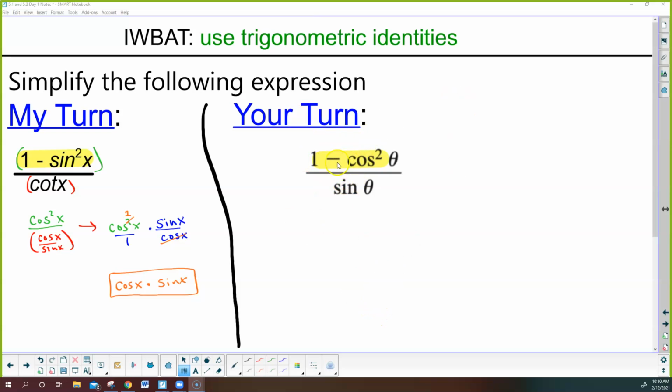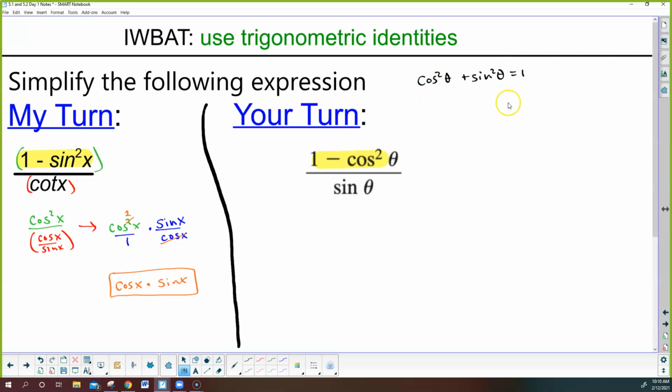One thing that I kind of just jumped into and assumed you guys recognize, but here's the way my brain works: I know that cosine squared of theta plus sine squared of theta always equals 1. That's the one Pythagorean identity that I have memorized. And anytime I see a 1 and a cosine squared, I'm thinking, can I algebraically manipulate this to get it to look like this?